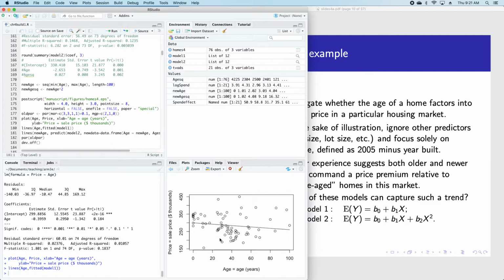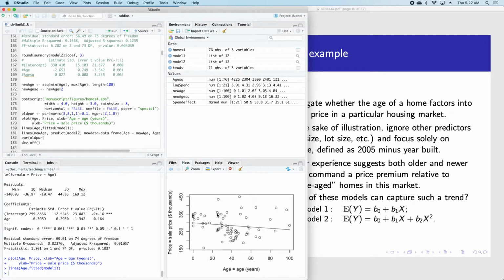But I would argue there is a bit of a trend, because if we look at the really new houses, those are the ones down here, they're clustered between $275,000 and $350,000. The houses in the middle, there's a lot more down here, in the $250,000 range. And then if we go to the older houses up here, there's not many of those, but these average around $350,000, I would say.